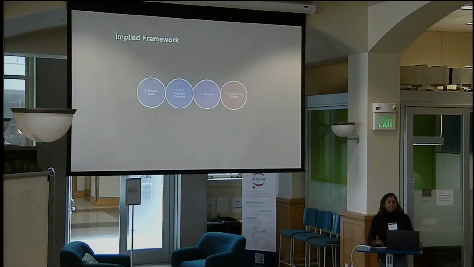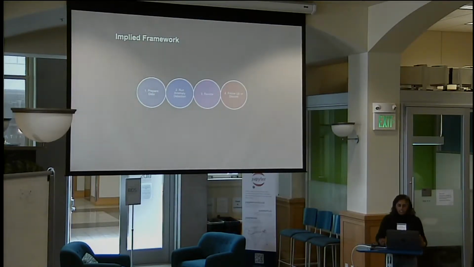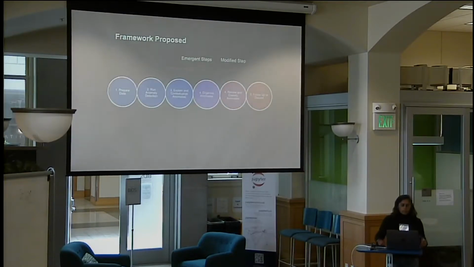The implied framework of most anomaly detection methods is you prepare your data, you run some sort of algorithm, you review it, and you follow up or discard it. What we're trying to do is expand that framework.